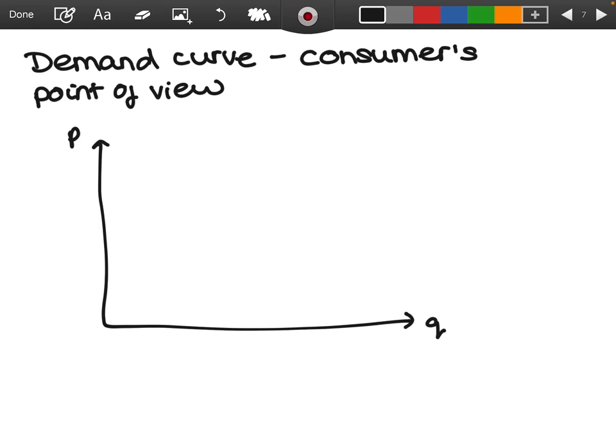So for a larger quantity to be bought by a consumer, you need the price point per unit to be lower. That means that the demand curve is actually going to have a negative slope, okay? Because the higher the quantity bought means that the price point per unit has to be lower. So they've got this negative relationship.